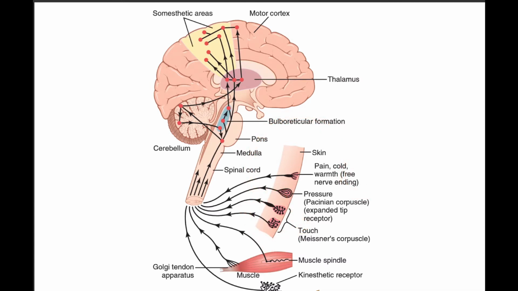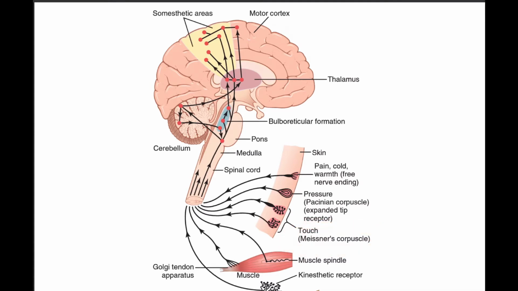So basically these receptors convert one type of energy into another type. When someone touches you, what happens? That is, when someone externally is giving a stimulation to your body, there are receptors in your skin such as Meissner's corpuscles.